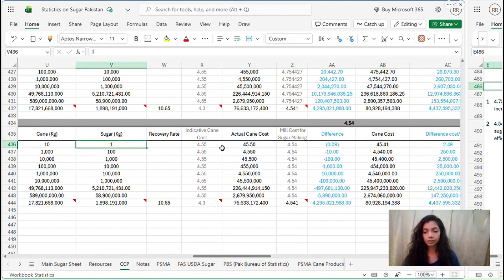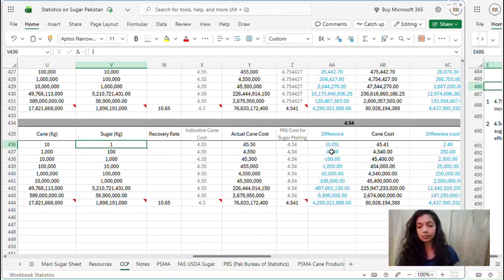So they produced 1 kg of sugar, and the cane that costed them to produce that 1 kg sugar, all the canes, they all costed 45.41. Now we are assuming that it took them 10 kgs of cane to produce 1 kg sugar. If these are the accurate numbers, right?